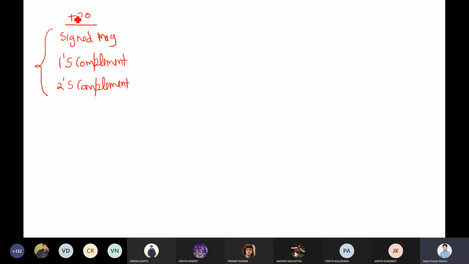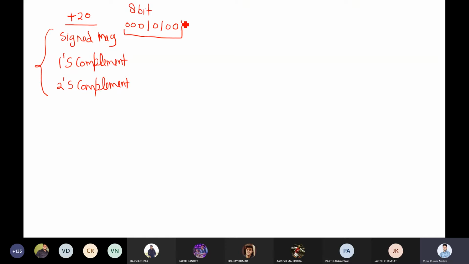Okay. So now suppose I want to represent plus 20, and specifically when we are representing a positive sign, you can use any of the methods, but the representation will remain the same. So if I want to represent plus 20 in an 8-bit number, then it will be 16, 4, 2, 1 and this one.